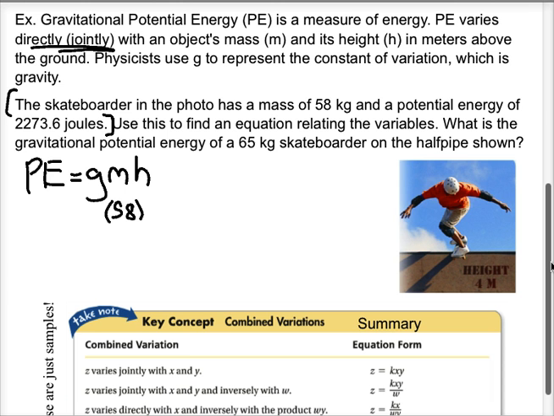Has a potential energy of 2,273.6 joules. And I know it might be hard for you to see in yours, but in the photo, it gives a height, okay? It says his height is 4 meters. And we're going to use that to determine that constant of variation, which in this case, they're actually letting G represent.